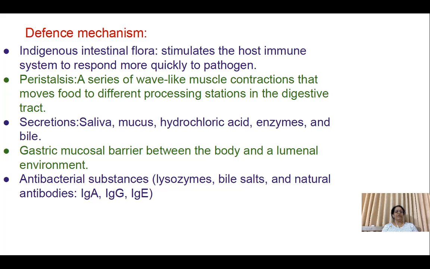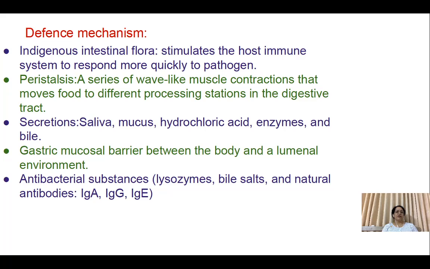The gastric mucosal barrier between the body and the luminal environment plays an important role in defense. Various antibacterial substances are also secreted, including antibodies like IgA, IgG and IgE, which help in the neutralization of various microorganisms.